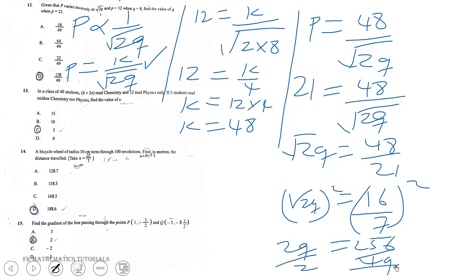Dividing through by 2, 256 becomes 128. So we get 128 over 49, which is option D.